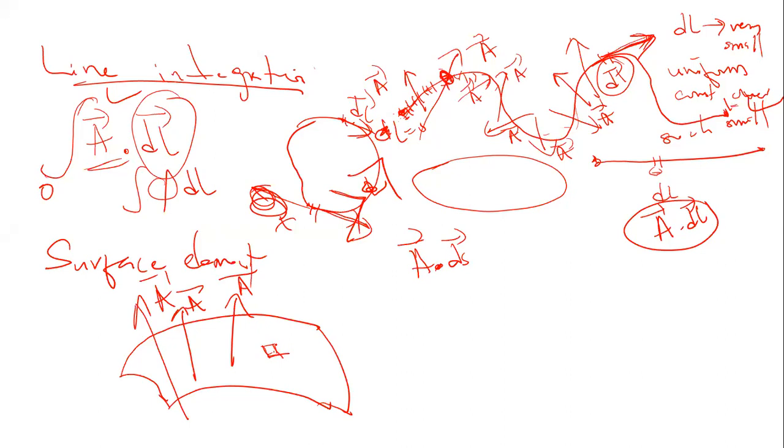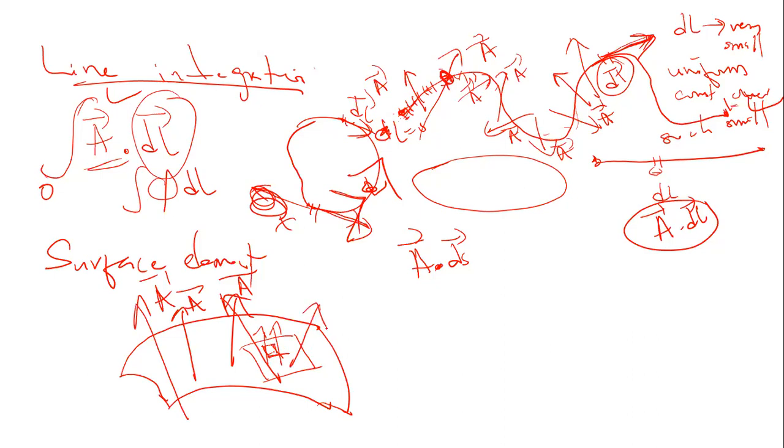If the dS vector magnitude is very small, then the vector field can be considered constant or non-varying over such a small infinitesimal area. But if you consider a larger area, over here the vector field may have a direction like this, and over here an arbitrary direction like this.